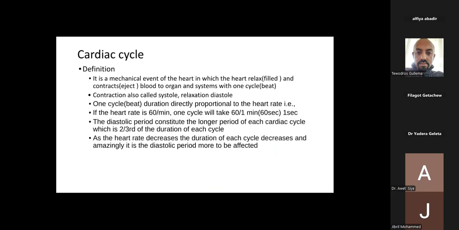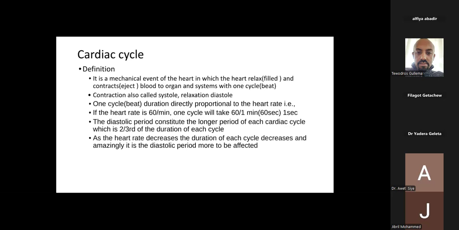Four chambers, that means the atrium, right, left, and ventricle, right, left. These are what characterize it: atrial systole, ventricular systole, and right atrial, left atrial. But mostly we'll concentrate on the ventricular mechanical event. The electrical event we'll see when we cover ECG, that's called the electrical event of the heart.